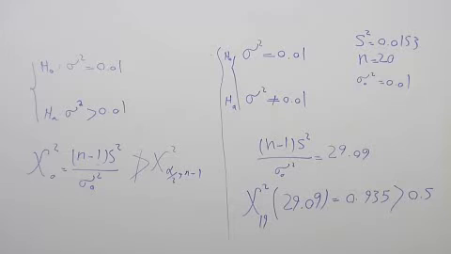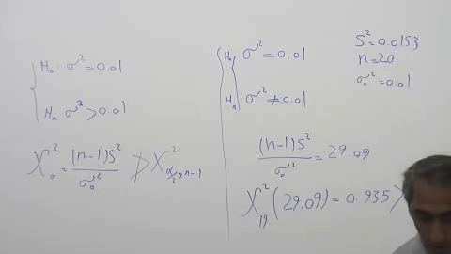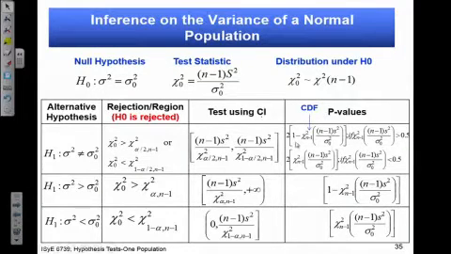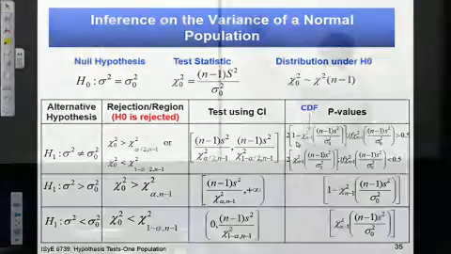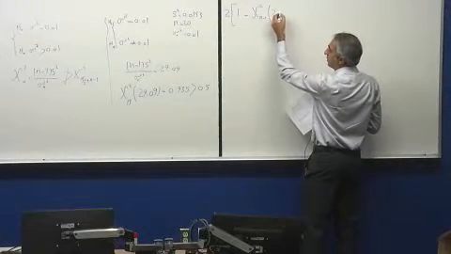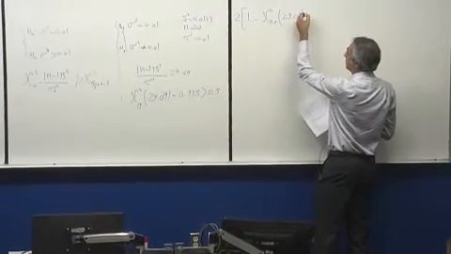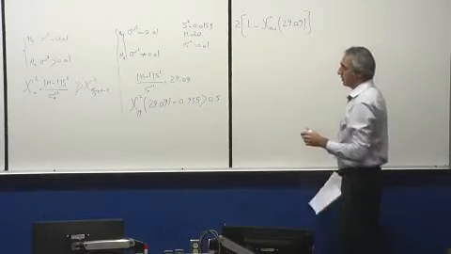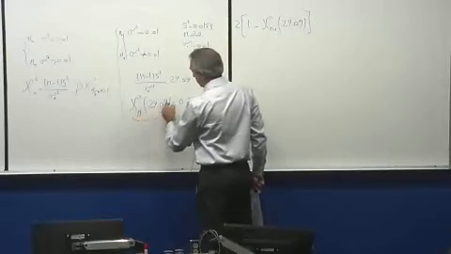Therefore, this guy here is greater than 0.5. I need to use this equation: 1 minus CDF of 29.09. Okay? So the question is how you can find this CDF.